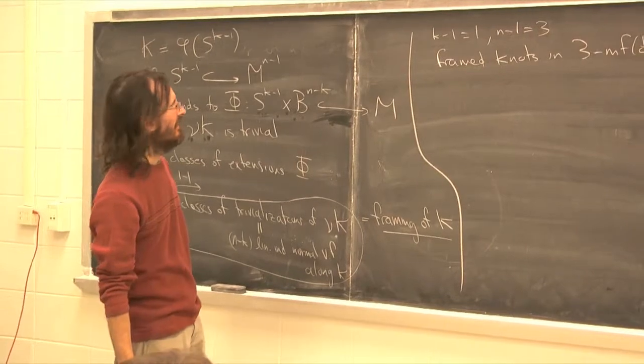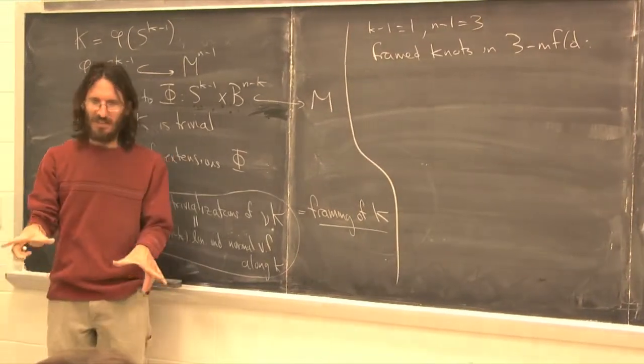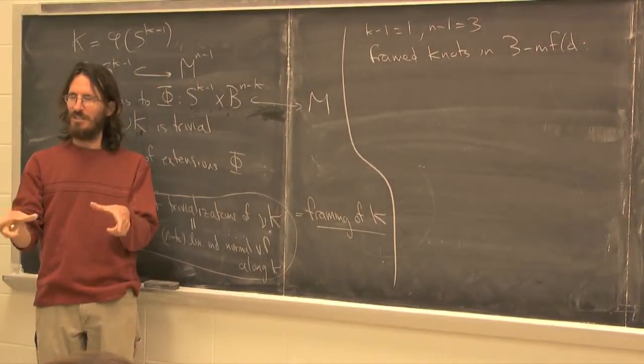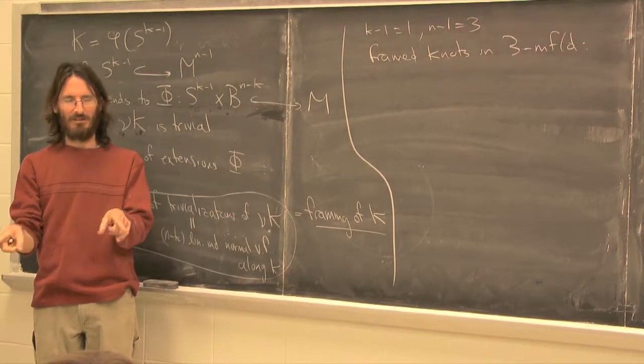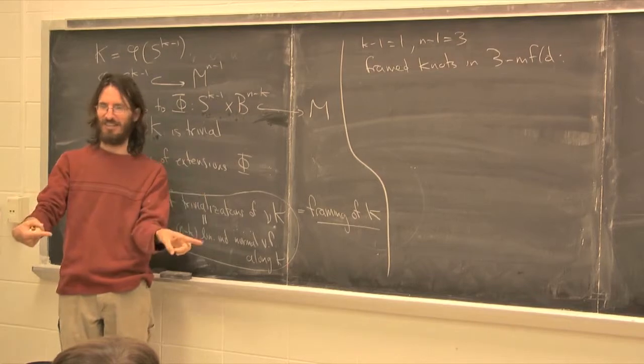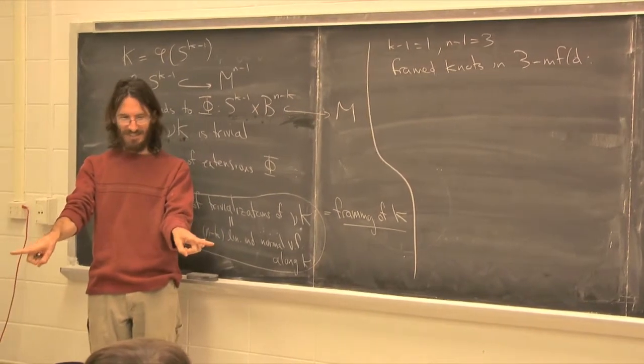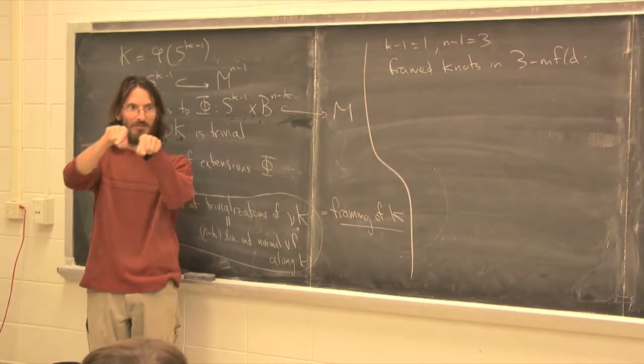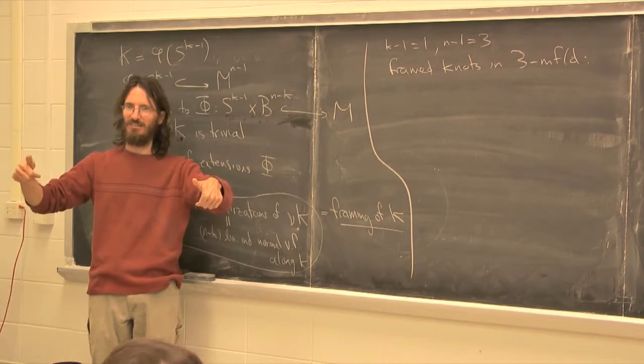You might remember the example of the framed S^0 inside a 1-manifold, and there were actually 4 different framings, whether you went like this, like this, like this, or like this. But actually, these two give the same manifold when you attach a handle. It's just the handle flipped inside out.